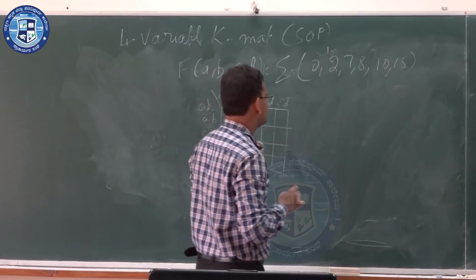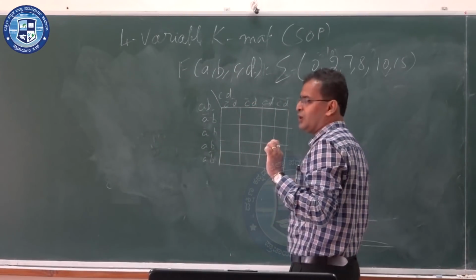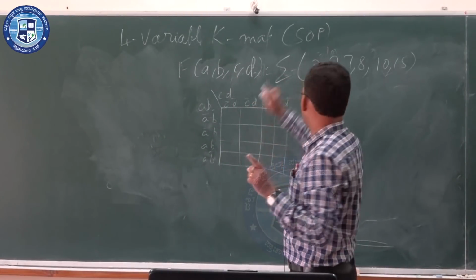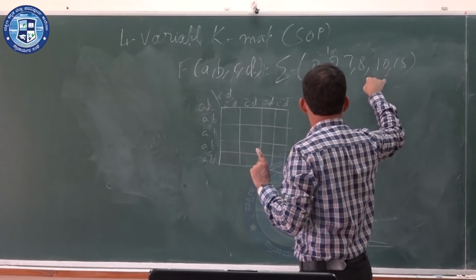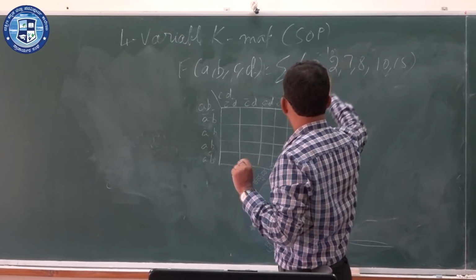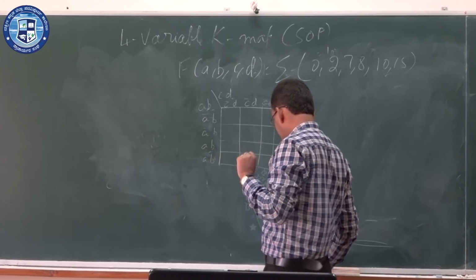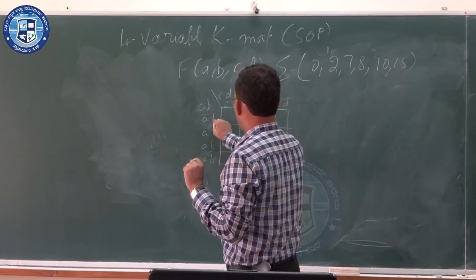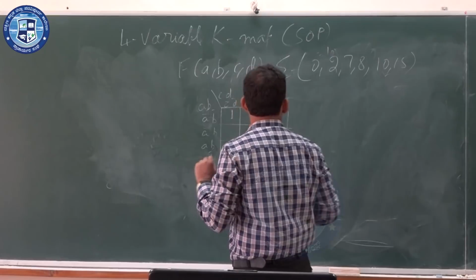Look at the squares where you need to allot. How can you understand? By looking at the combination of the function. So, in the 0th square, A bar, B bar, C bar, D bar, put 1.